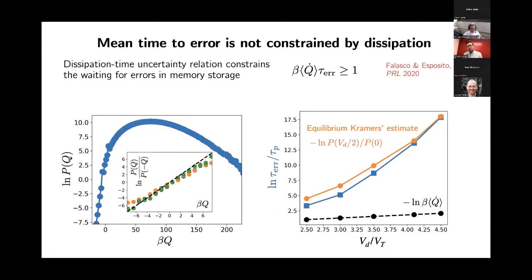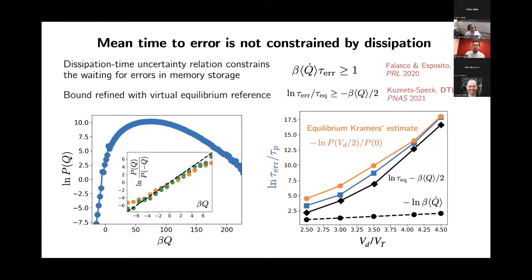In fact, you get a much better estimate of the time to flip, or the time to create an error, just by making a very naive equilibrium Kramers-like estimate, just saying that the waiting time is given by the likelihood of seeing the rare event that takes you over the barrier in that bistable orbit.